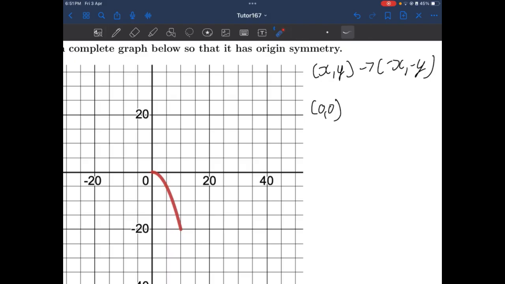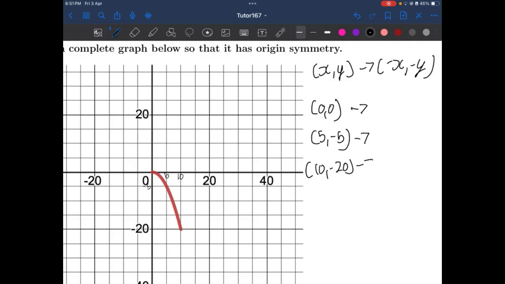You can see it goes in terms of 5: 5, 10, 15, 20. So this point would be 5, negative 5, and the next point down here is 10, negative 20.